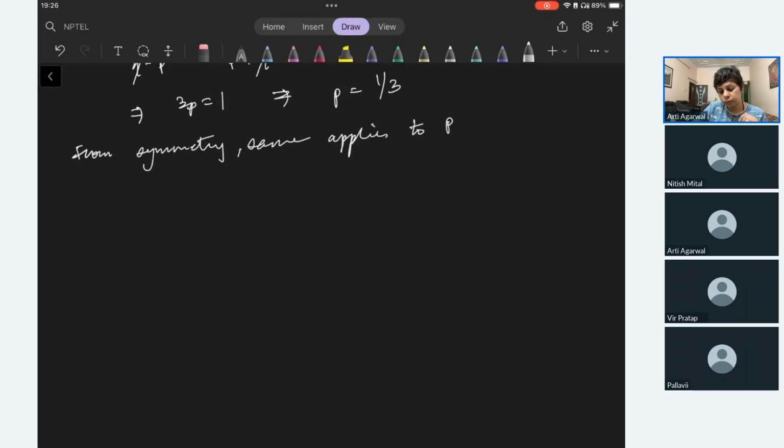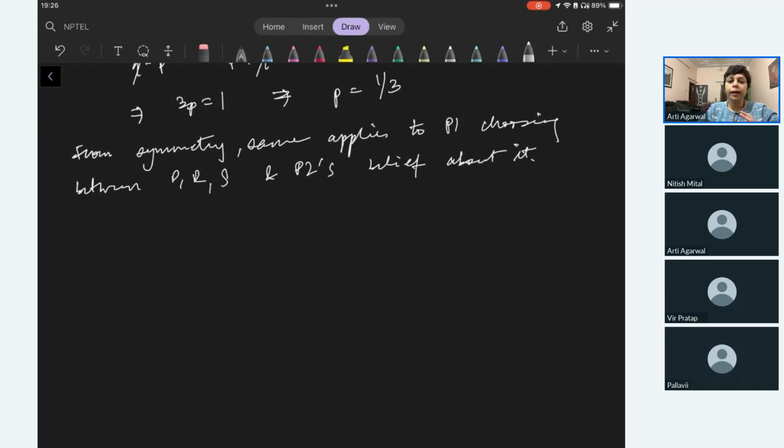Right, so the probability at which P1 chooses P, R, and S, which P2 will randomly pick, any strategy is 1 by 3, 1 by 3, 1 by 3.